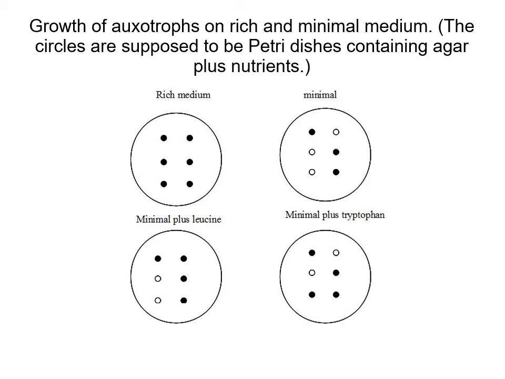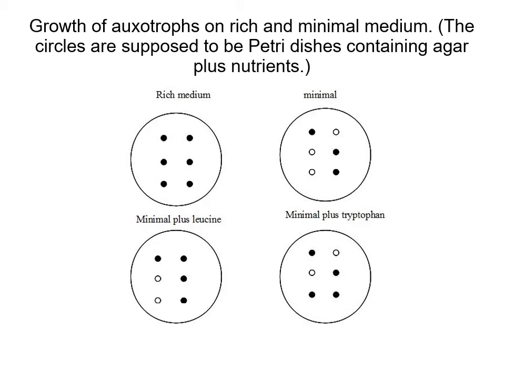On the minimal medium, which does include glucose, but no extra amino acids, we can see that some of the strains are able to grow just fine, but the three empty circles imply that there were cells placed there, but they were not able to grow. So those three colonies are auxotrophic, and they require something that the wild-type strain does not require.